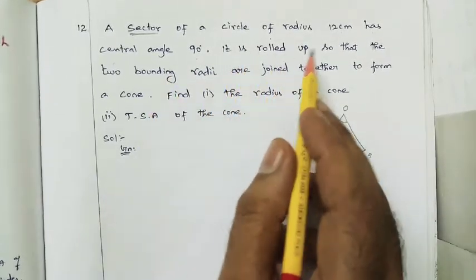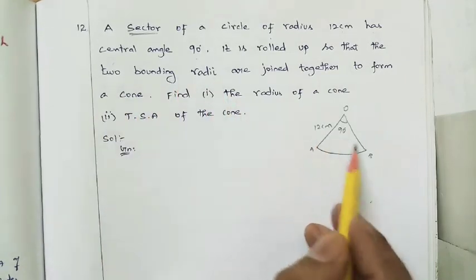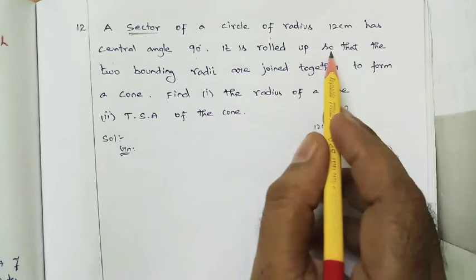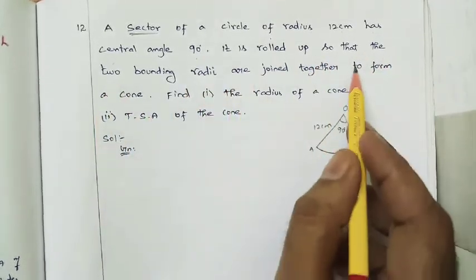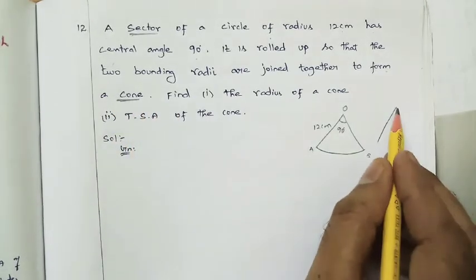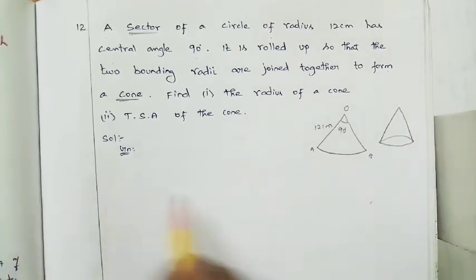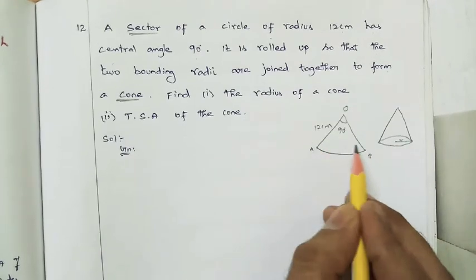It is rolled up so that the two bounding radii are joined together to form a cone. So now we got a cone, right?